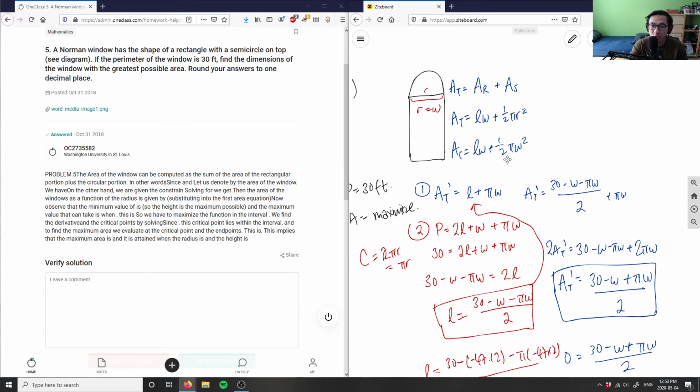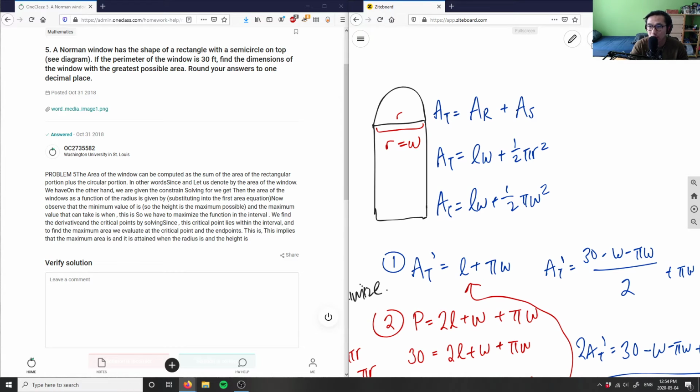So what I have to do is modify these numbers. Instead of getting half r squared, this here would be 1/4 pi w squared. Let me double back and think about this. LW plus half pi w squared would not be correct, because the radius is not this guy here.